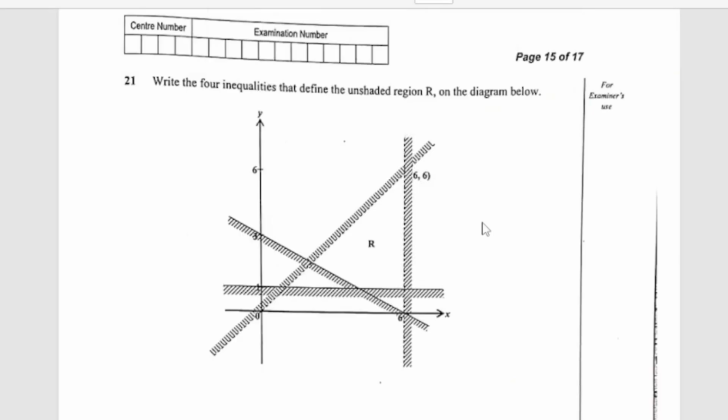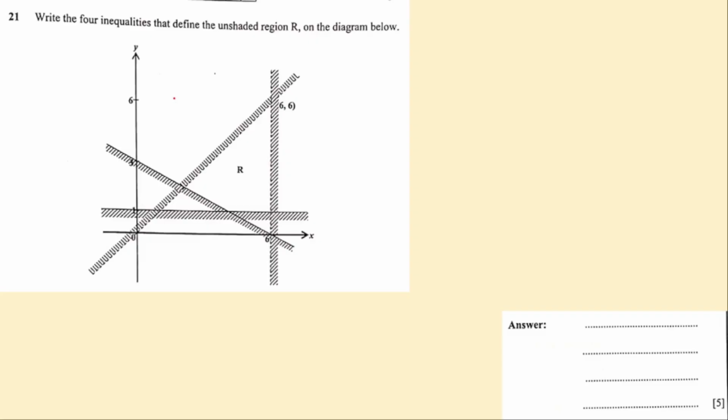Question 21 reads, write the four inequalities that define the unshaded region R on the diagram below. So we need to write the four inequalities that define the unshaded region R. The unshaded region R is in here.